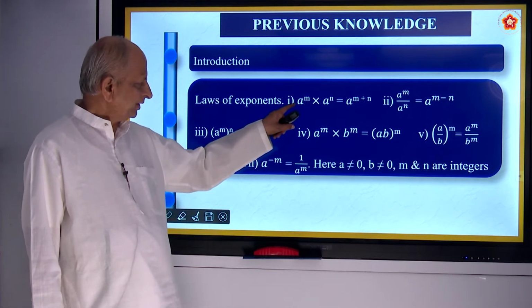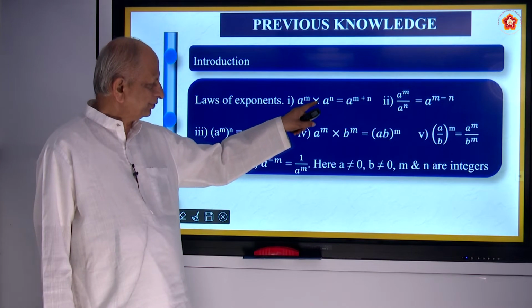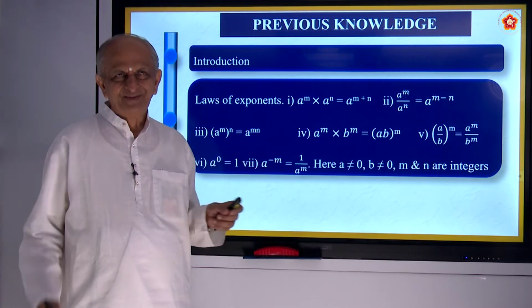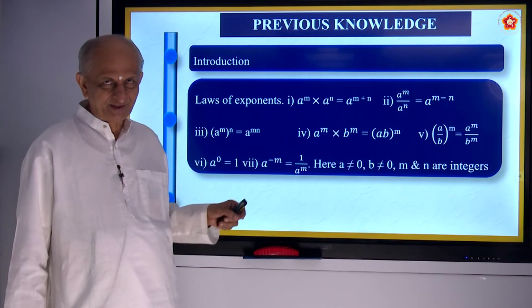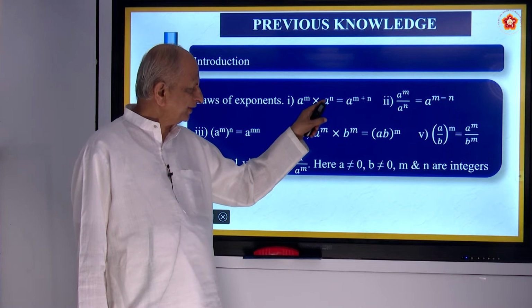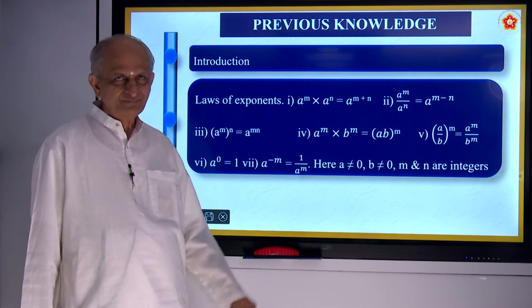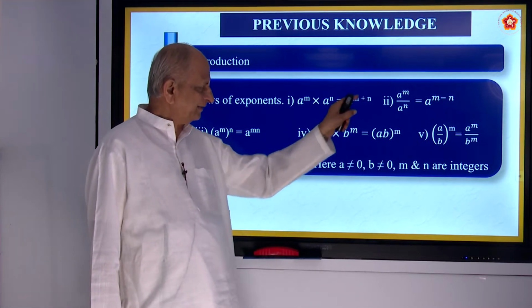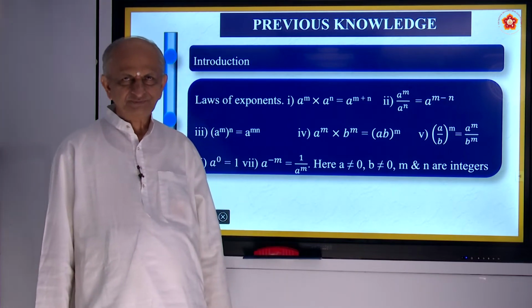First law, a to the power of m into, come on, repeat, so that you will be thorough with that. Very important. Come on, repeat. A to the power of m into a to the power of n is equal to a to the power of m plus n. Correct?